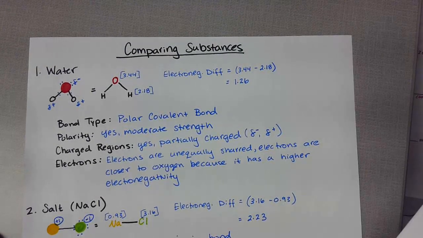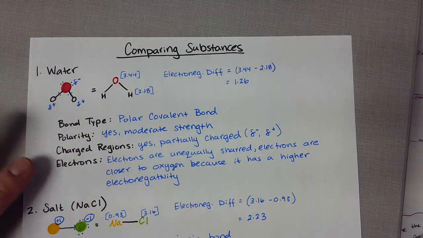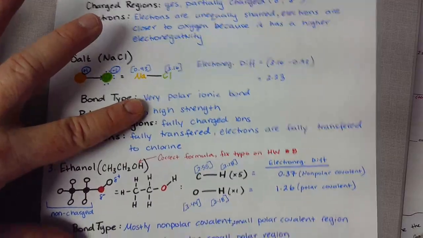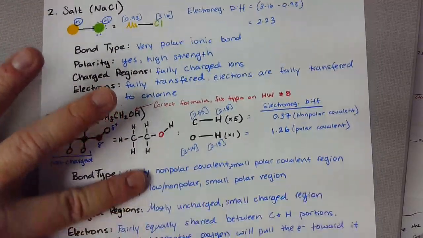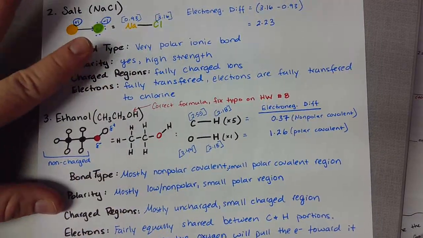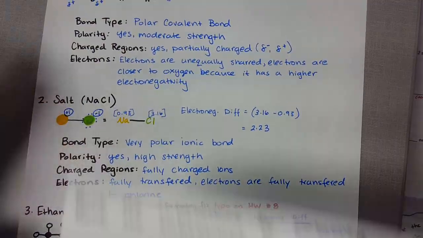So in my ranking, well, looking at what we have, my most polar, so I have a moderate strength, a high strength, and a mostly low strength. So my most polar is going to be salt with my ionic bond.